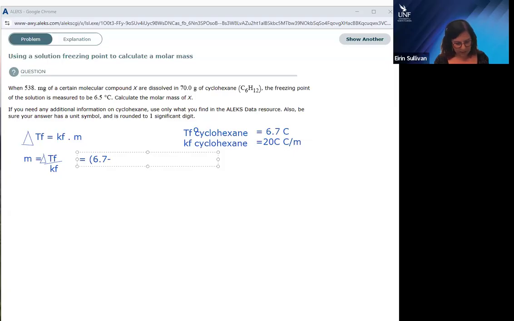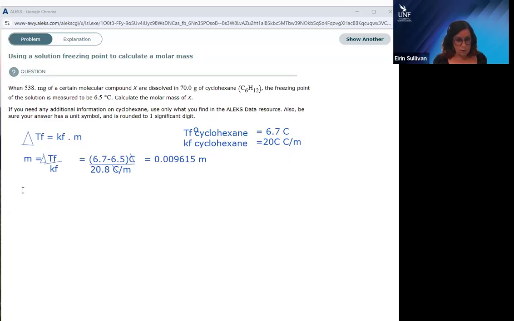So 6.7 minus 6.5 is going to give me a difference of 0.2 degrees Celsius, and divide that by 20.8 degrees Celsius per molality. So the degrees Celsius is going to cancel out, and 1 over molality is just going to give me units of molality, and that turns out to be 0.009615 molality.